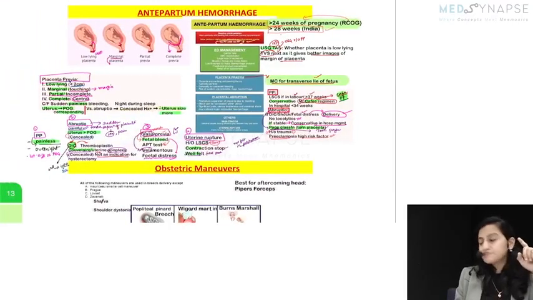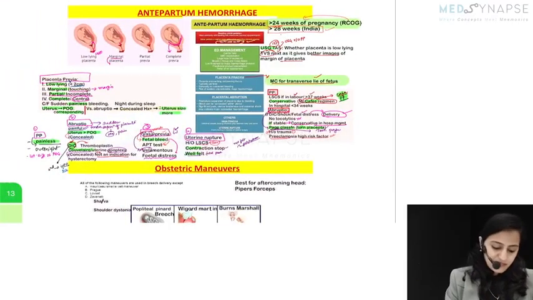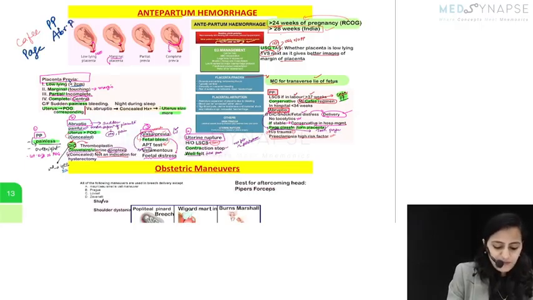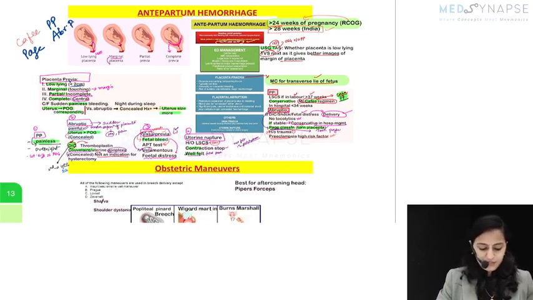Right, so this is what helps you differentiate the causes of antepartum hemorrhage. McAfee is for Cafe PP. Page classification is for abruptio placenta, tone Page.